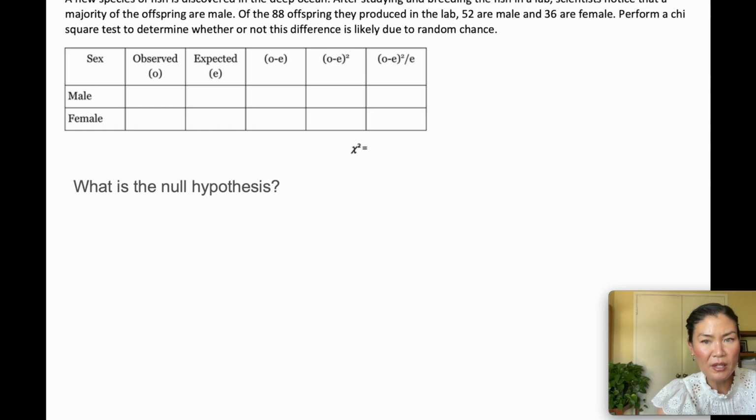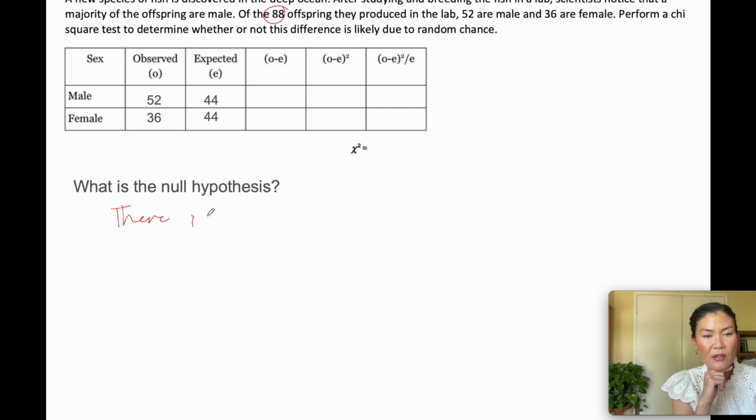Okay, so what we observed is 52 male, 36 female. What would we expect? Half and half. And what is half and half of 88? It's going to be 44 and 44. Okay. Before we continue and do the chi-square table here, for doing our calculation, what is the null hypothesis?